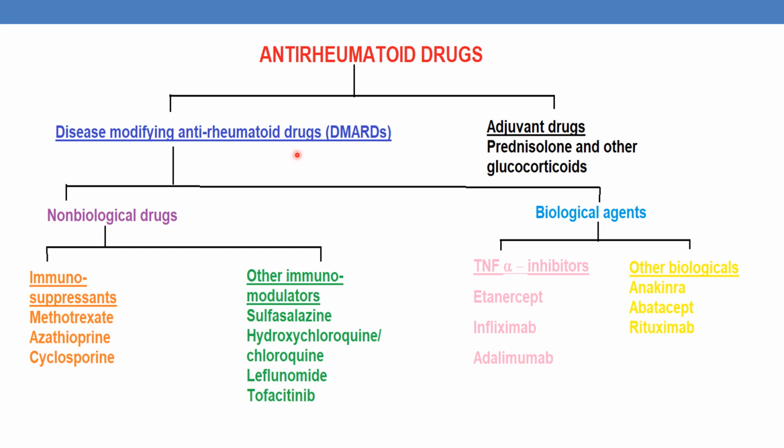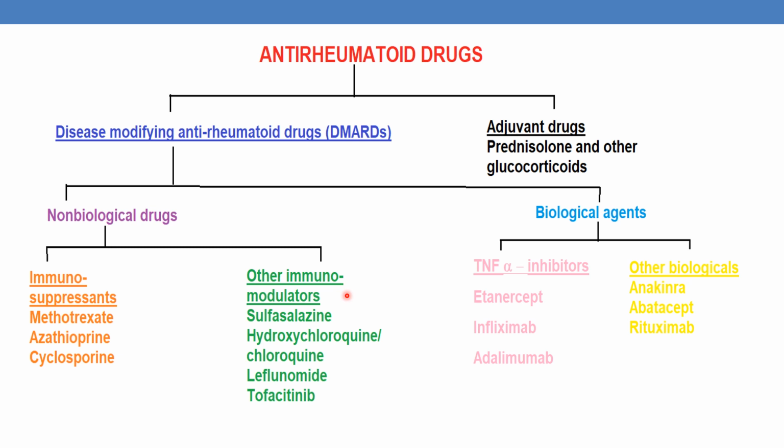Disease-modifying anti-rheumatoid drugs are categorized into non-biologicals and biological agents. Non-biologicals are again categorized into immunosuppressants, examples being methotrexate, azathioprine and cyclosporine, and other immunomodulators, examples being sulfasalazine, hydroxychloroquine or chloroquine, both anti-malarial drugs, leflunomide and tofacitinib.